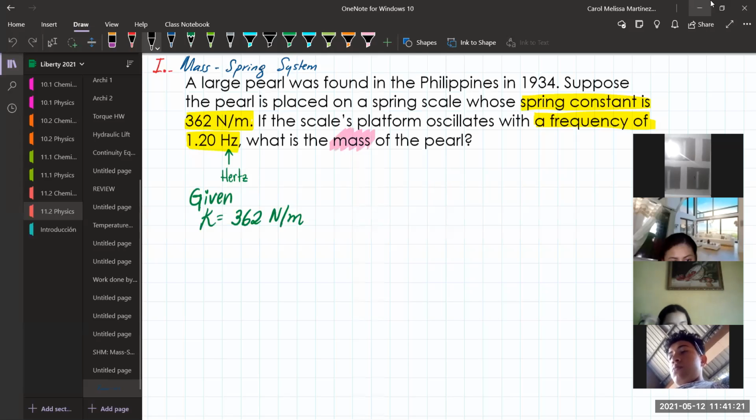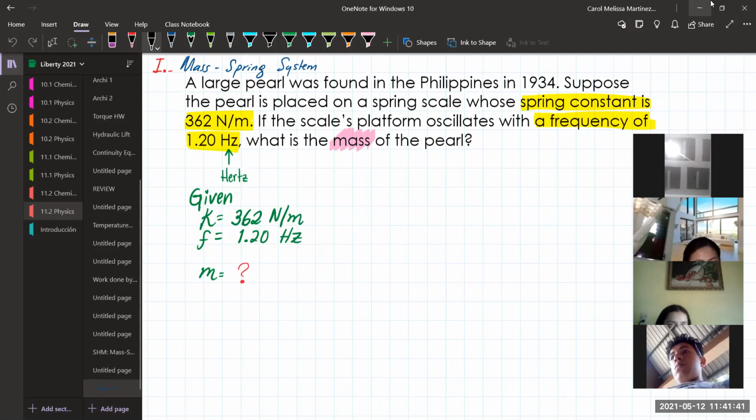And it's giving you the frequency, that is 1.20 hertz. The problem is asking you to find the mass of the pearl. This is your unknown.